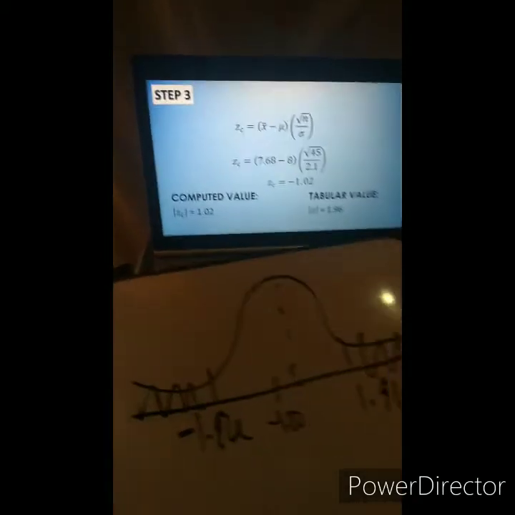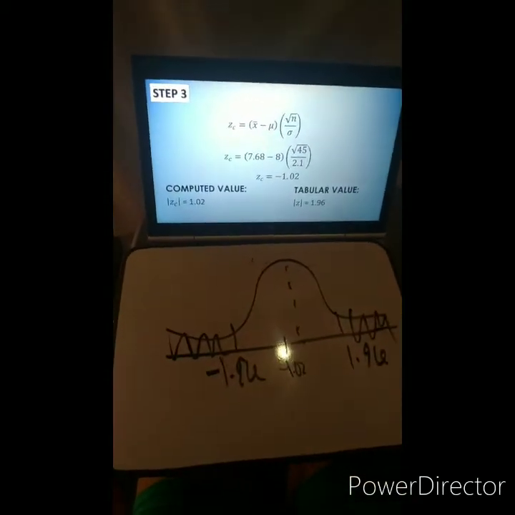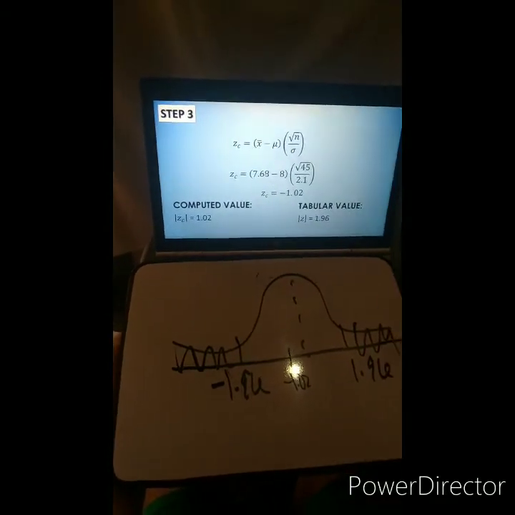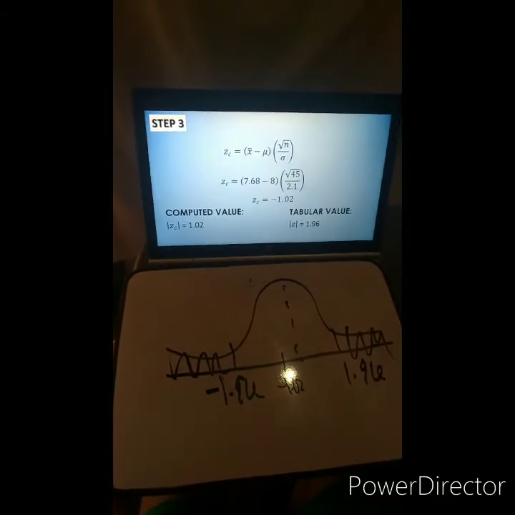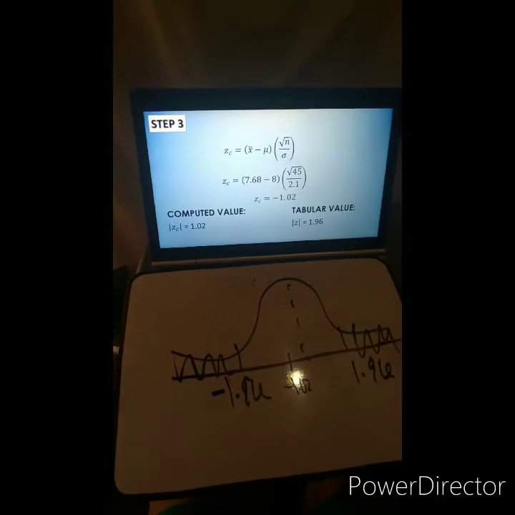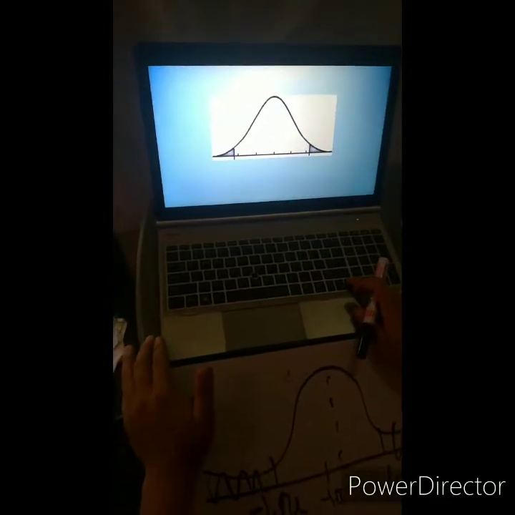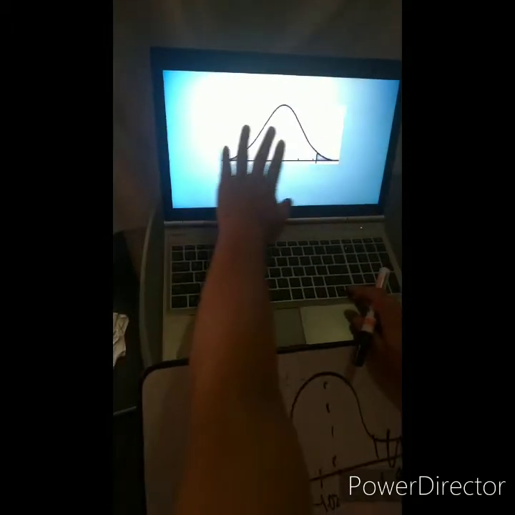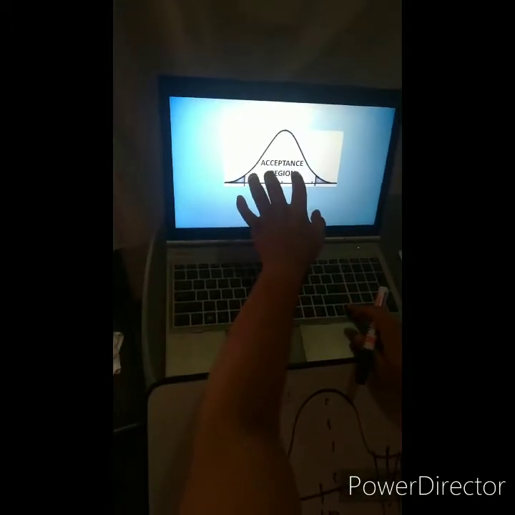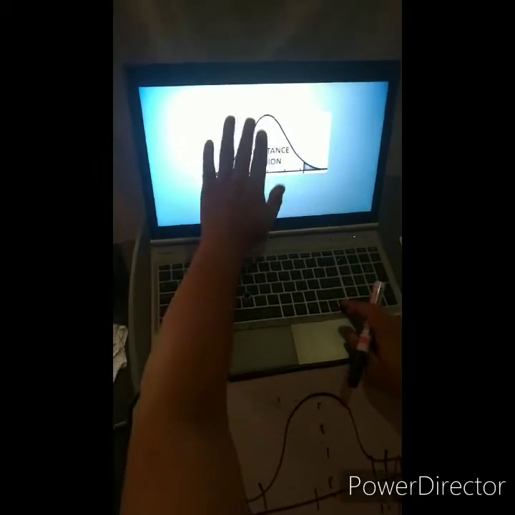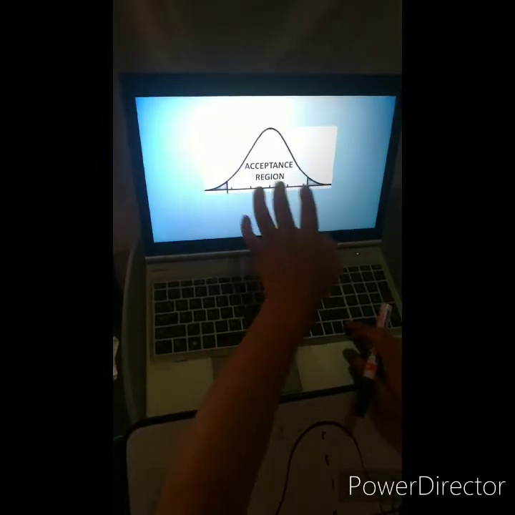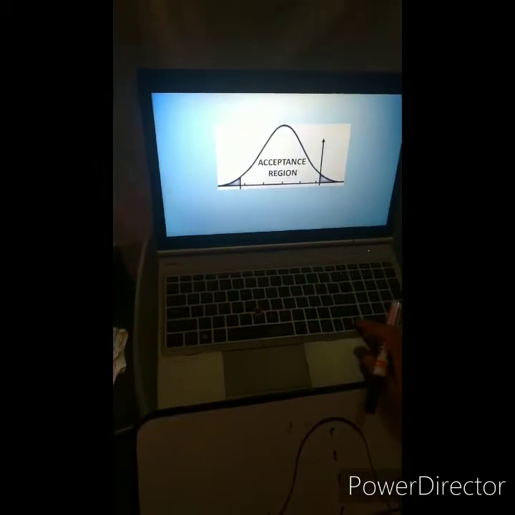Let's go to the next step. Just to reiterate, this is the normal curve. The unshaded part inside is the acceptance region.